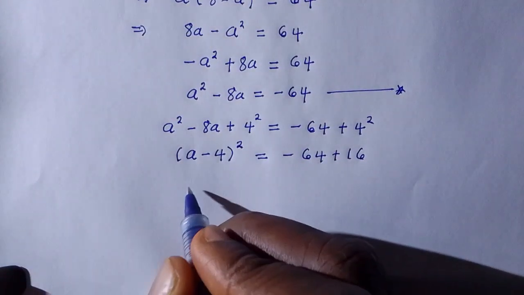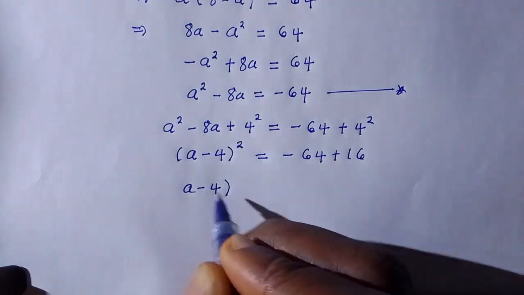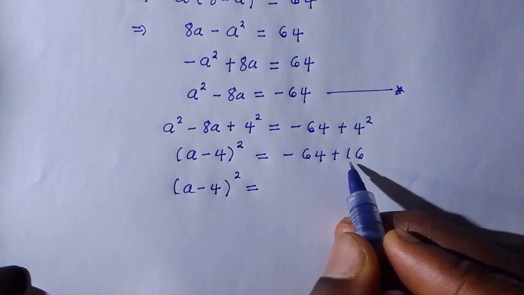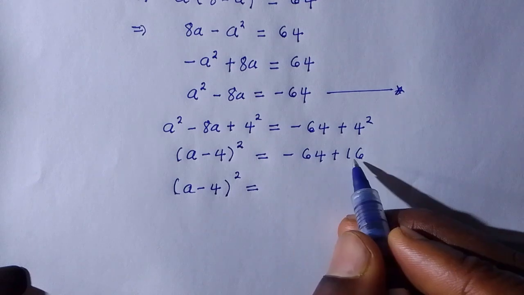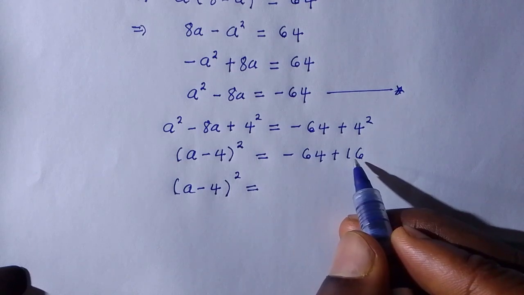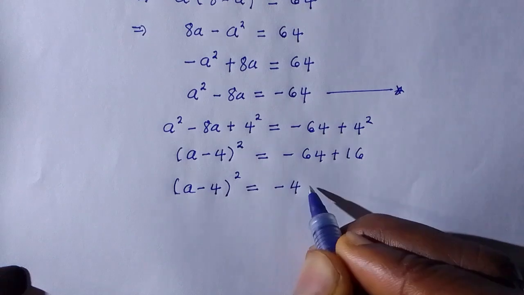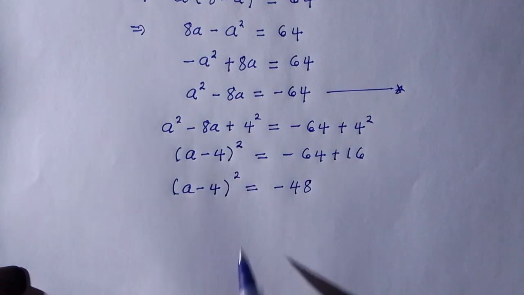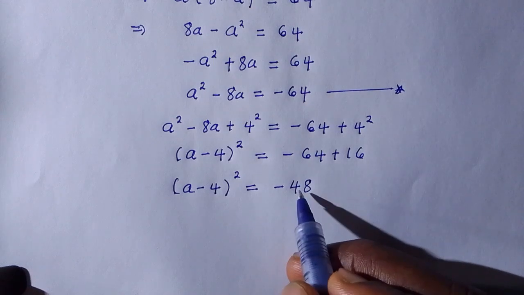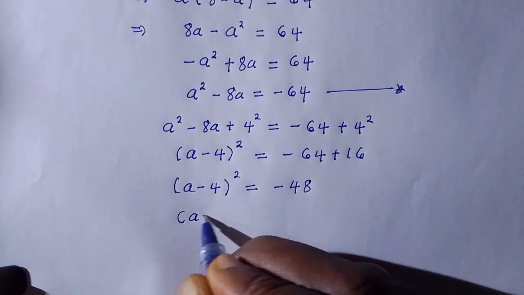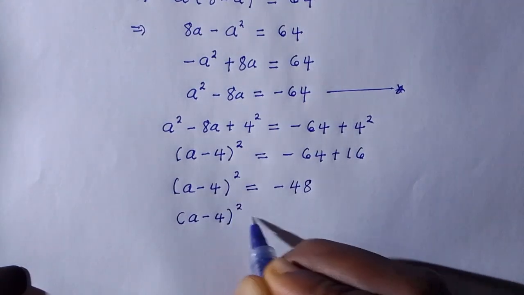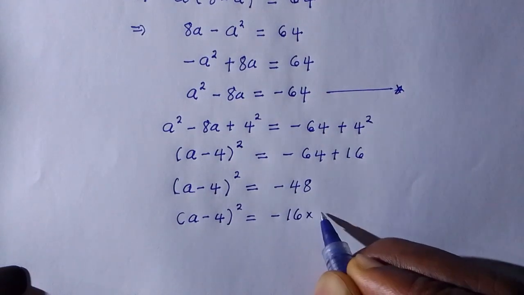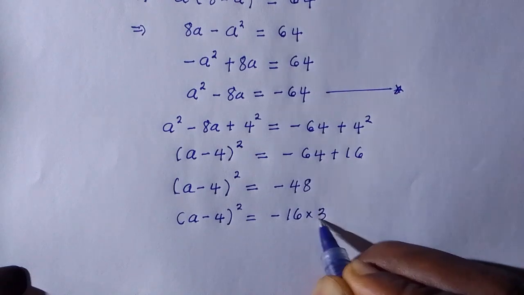When we expand this, we get the whole of this equals minus 64 plus 4 squared, which is 16. So next we have a minus 4 all to the power of 2 equals, by adding these two, minus 64 plus 16, minus 48. Then we break down minus 48 as minus 16 multiplied by 3.